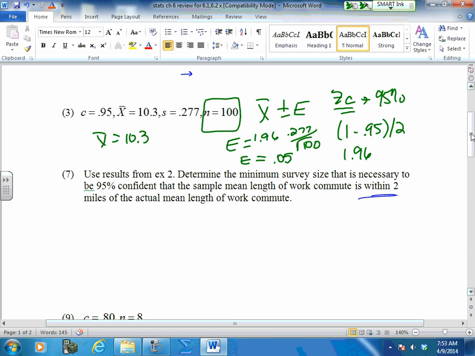If you rounded this to 0.1, because you kept it the same here, then you're going to be 10.3 plus or minus 0.1. You're going to be 10.2 to 10.4. If you left it at 0.05 rather than 0.1, because that's probably a little bit more exact, you could actually leave this. It's up to you. If they're asking you to compare anything, definitely break it down to the smaller unit.